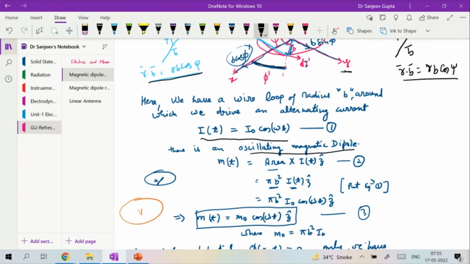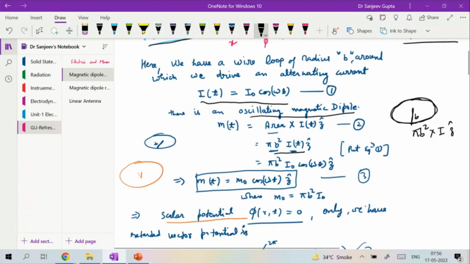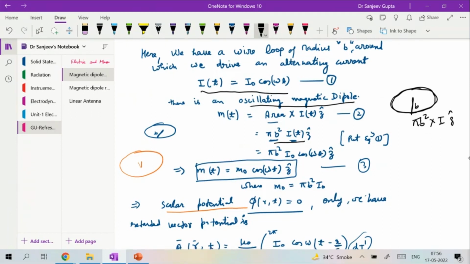Suppose you take a loop of radius b; it goes from here to here and creates an area. This area is pi b square, and the current is I in z direction, which can be written as I0 cos omega t in z direction.